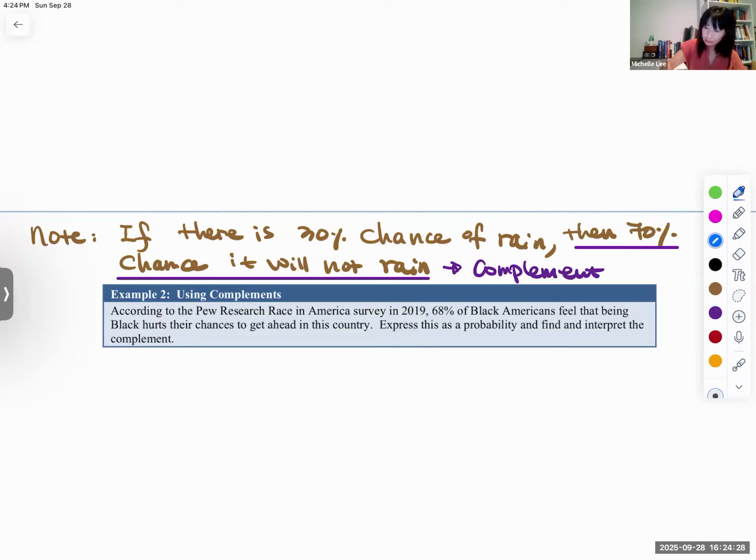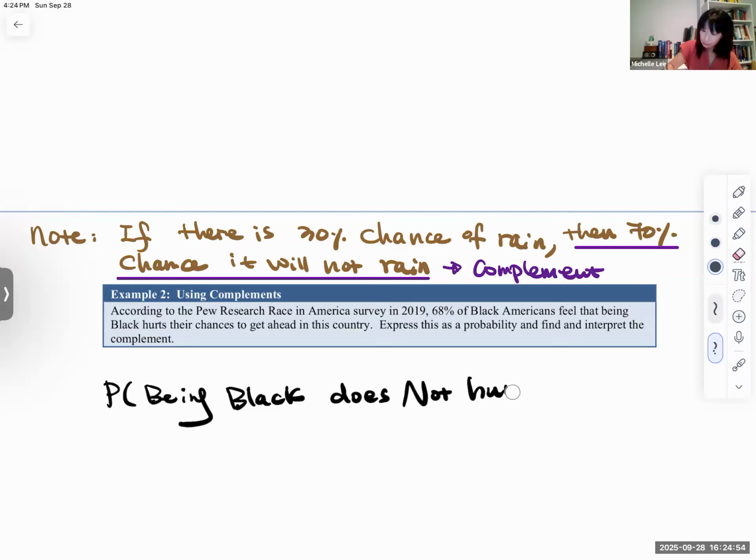We have the probability of the opposite, which will be being Black does not hurt chance, right?